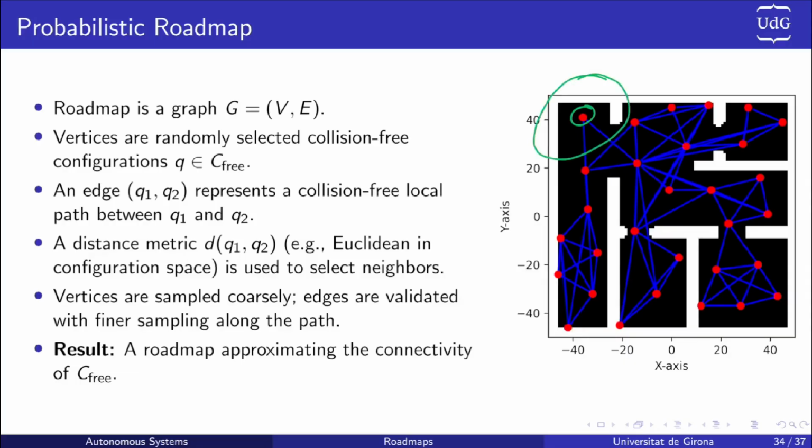Then there is no other sample around it. The same for this one: I sample this one, then there is no other sample around it. If you use this kind of trick, then you are messing with a lot of the nice properties of asymptotically optimal and these kinds of things. Normally it's not good to do this, but sometimes it's good.